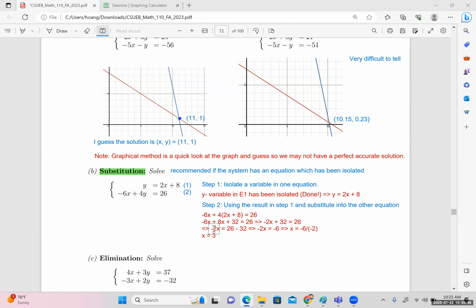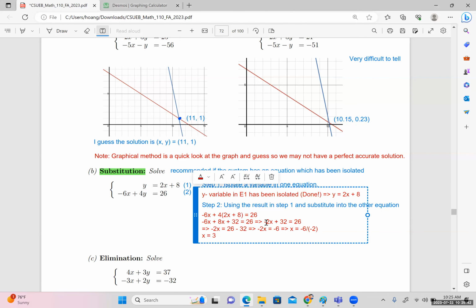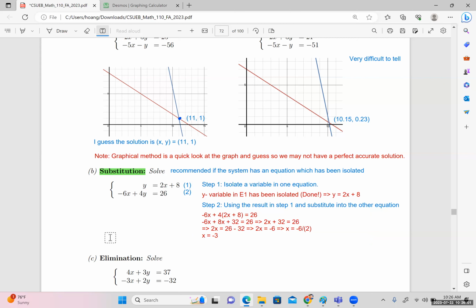I see that I made a small mistake here. The negative 2x should be 2x only, because negative 6x plus 8x is 2x, right? So change this. This should be 2 only. So this should be x equal to negative 3. So now I'm going to have the last step.